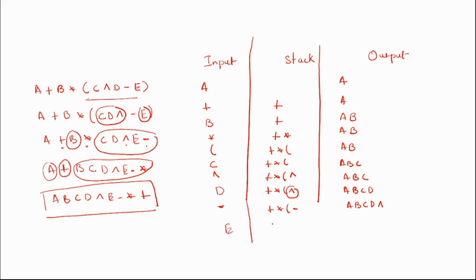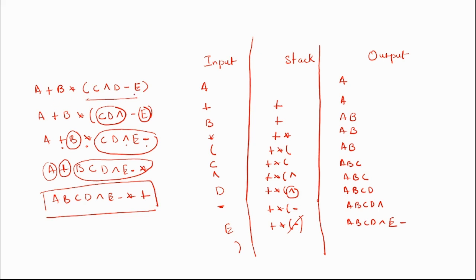E is not an operator, therefore plus star minus a b c d to the power e, and then I will close the parenthesis. Once I close, I will pop out minus and I will destroy the parenthesis. So here I will just write minus, and then I will pop out and destroy the parenthesis. Now the whole expression has been evaluated.